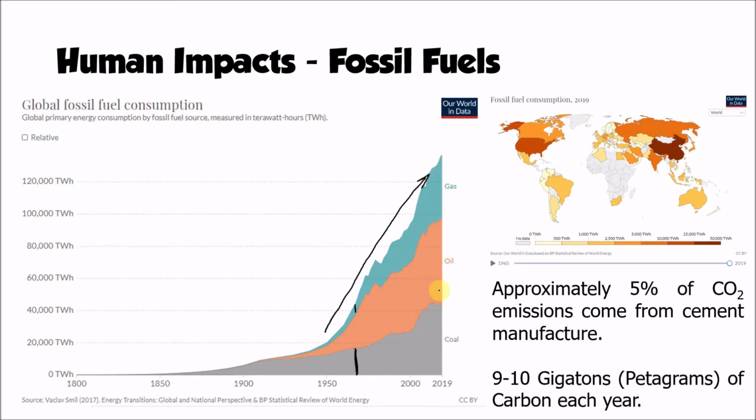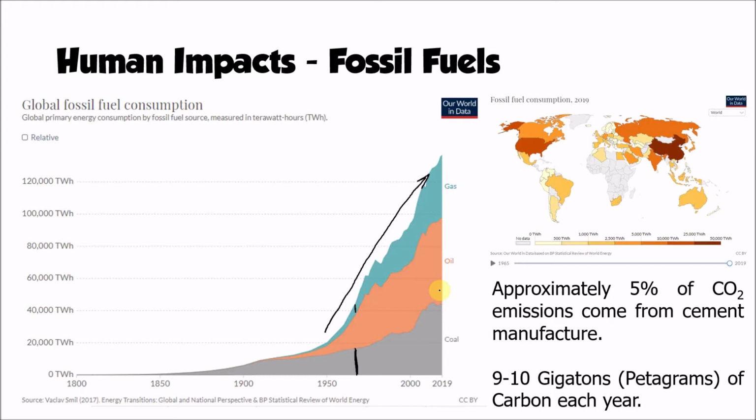However, all three of these main fossil fuels, gas, oil and coal, all release significant amounts of carbon dioxide when they're combusted. That carbon that was once locked away in the lithosphere now is transferred very, very quickly to our atmosphere. We release somewhere in the region of 9 to 10 gigatons, or 9 to 10 petagrams of carbon each year just from the combustion of fossil fuels.